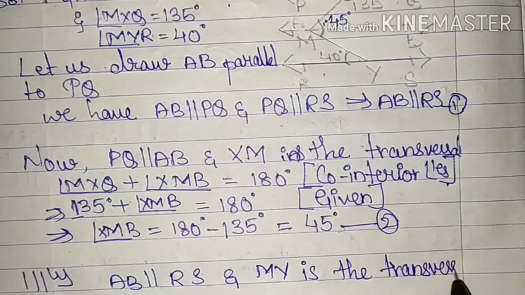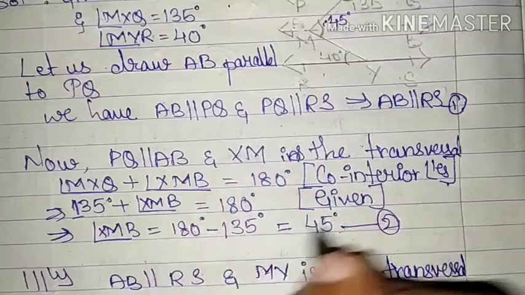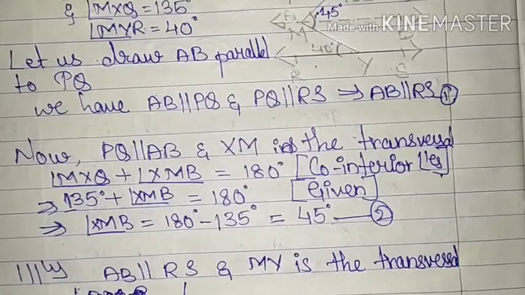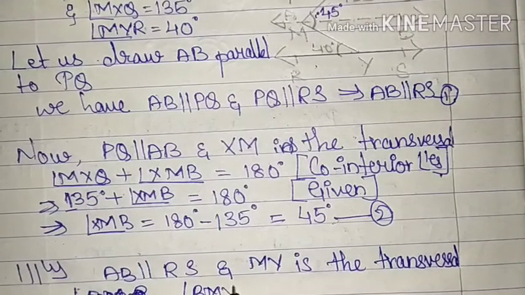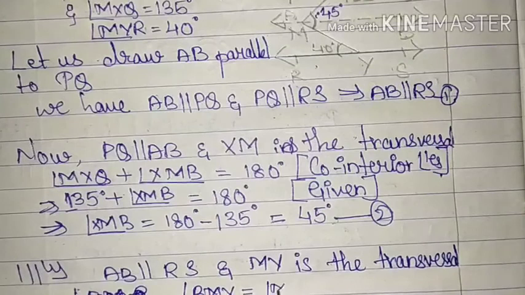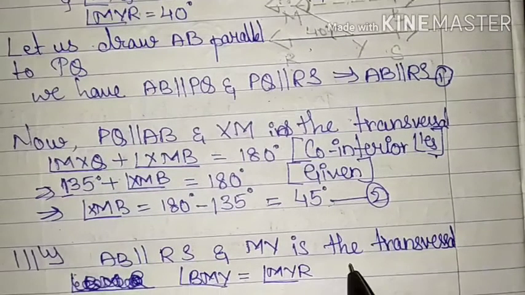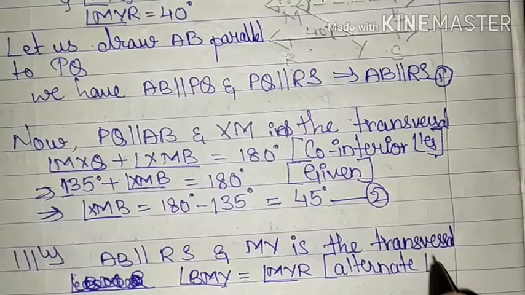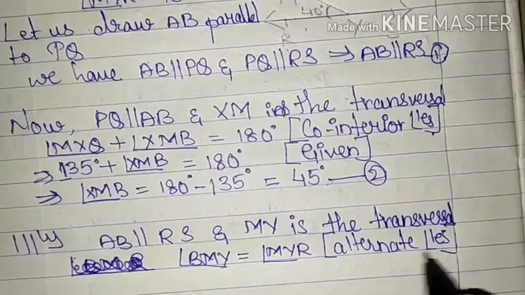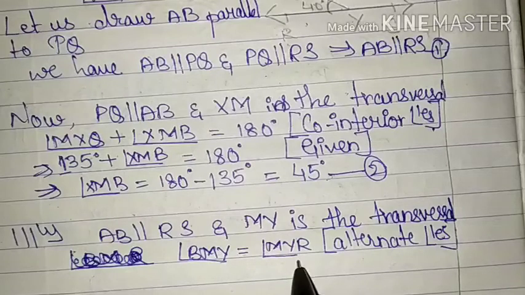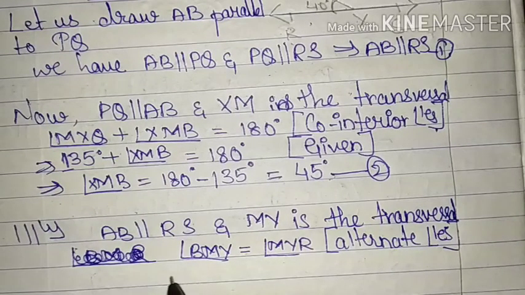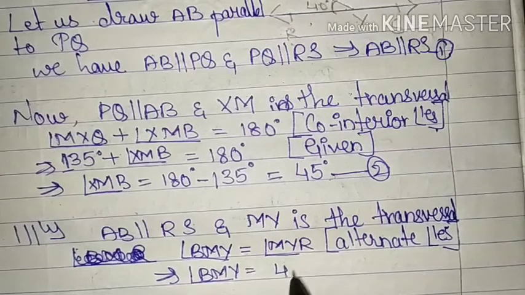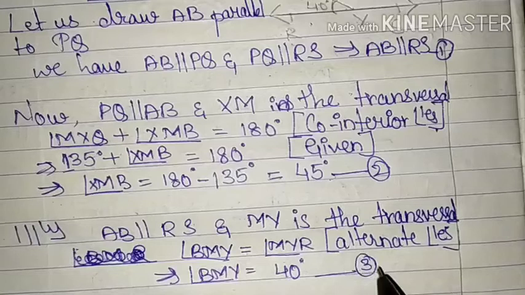Using the same concept which we used in this part, now since MY is the transversal, we get angle BMY is equal to angle MYR because they are alternate angles. So since we know that MYR is equal to 40 degrees, this implies angle BMY is equal to 40 degrees. This is our result 3.